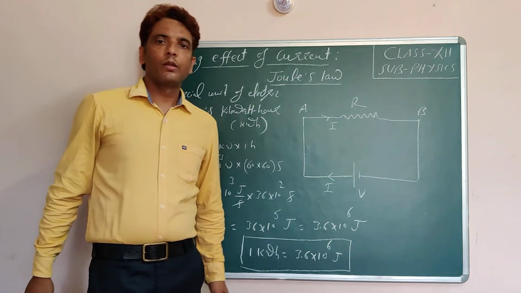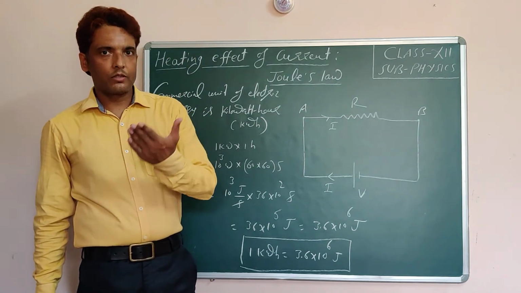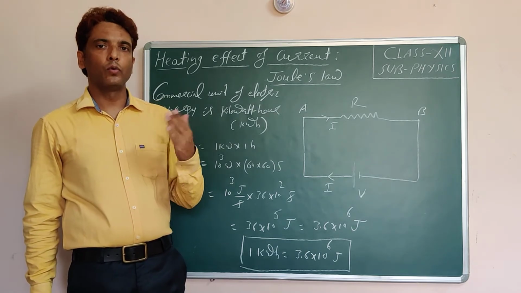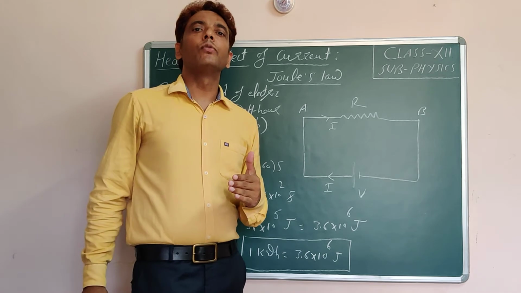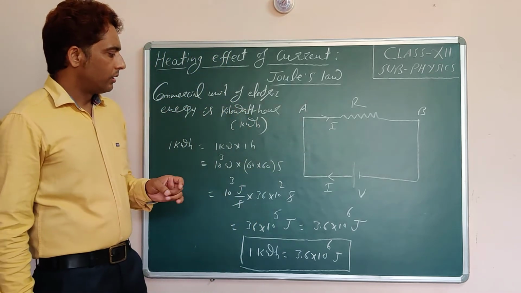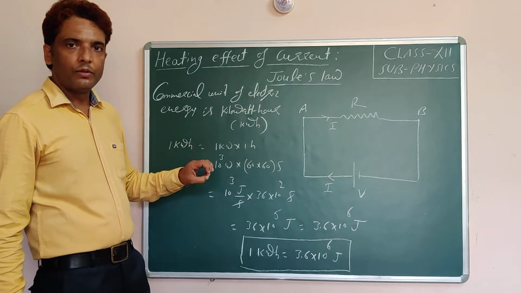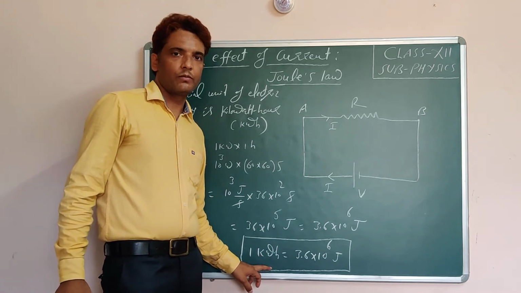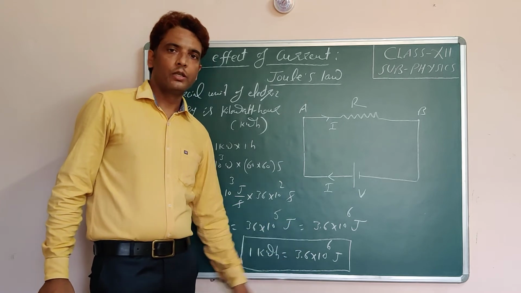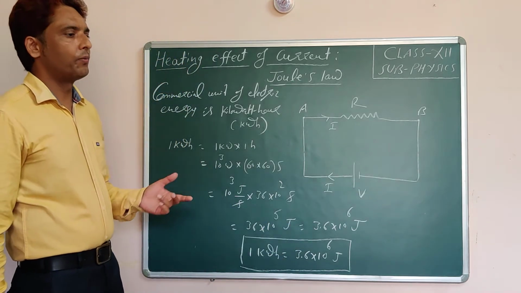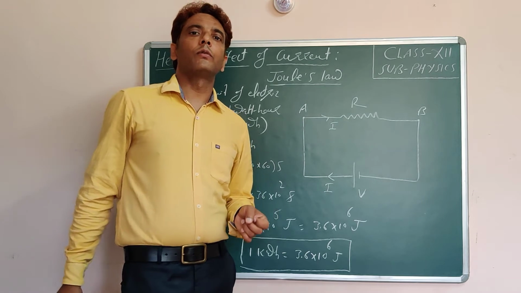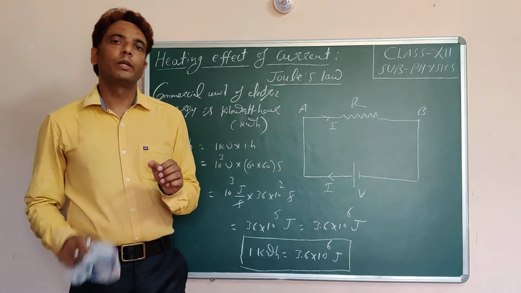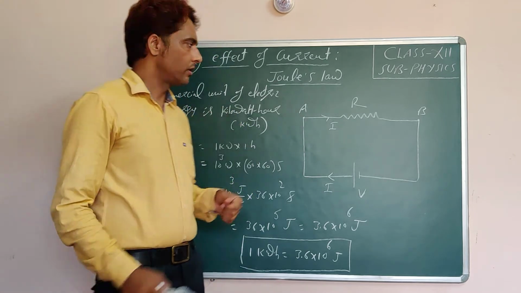Actually, you must know that we pay the electricity bill at our homes based on the number of units consumed. So 1 unit of electricity consumed is equal to 1 kilowatt hour. If the electricity bill for our home is for 200 units, then you can calculate the amount of electric energy consumed during that interval.